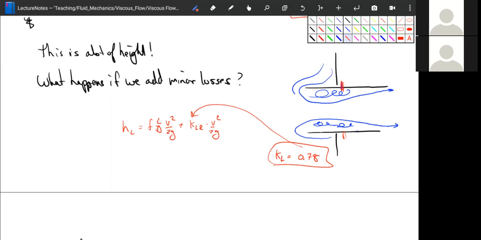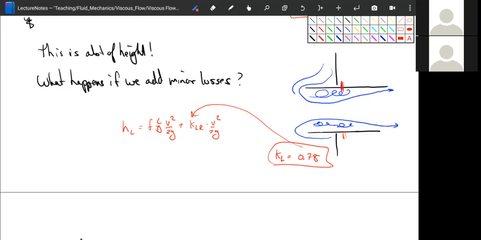And in this case, you have to be careful what velocity you use. If you look it up on a chart, the chart will tell you what to use. You just have to trust the chart. The velocity for this KL is the average velocity in the pipe after the entrance. So it would be the same velocity as for our major head losses. So we can just plug in the same velocity there as we were using before.